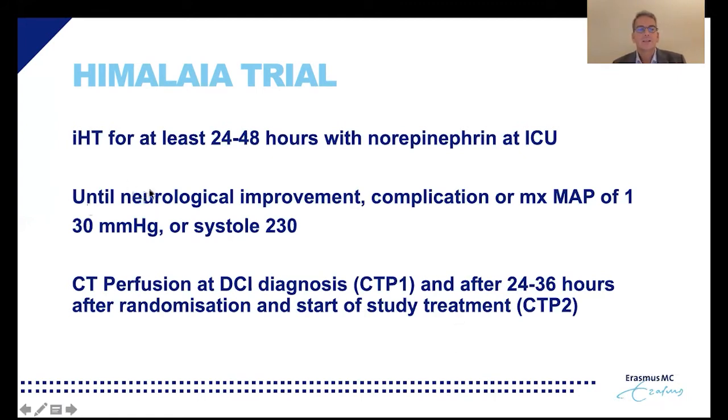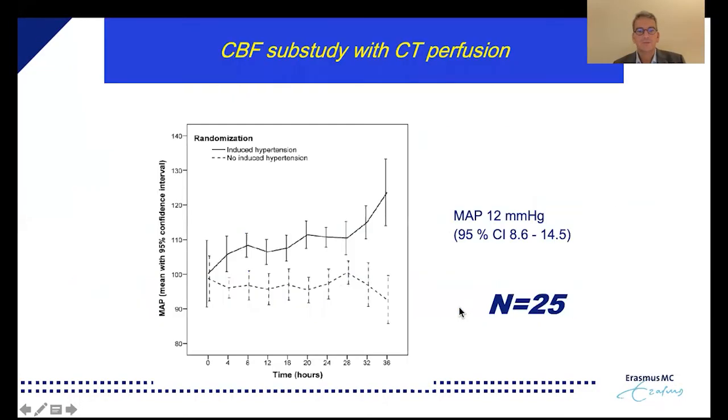And we maintained the induced hypertension until neurological improvement, complications, or a MAP of 130, or a systole of up to 230, which we never reached in any patient, by the way. CT perfusion was done at DCI diagnosis, so before randomization, and 24 to 36 hours after randomization and the start of study treatment, which we called CTP2.